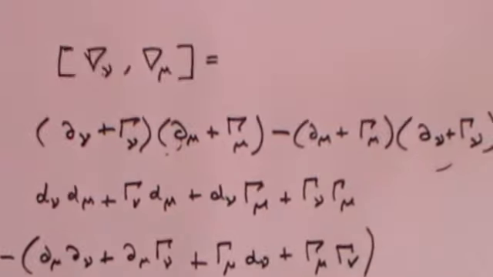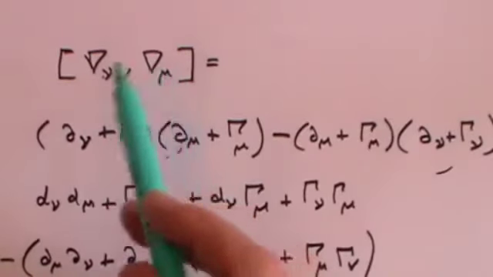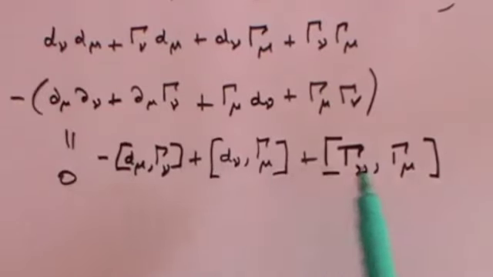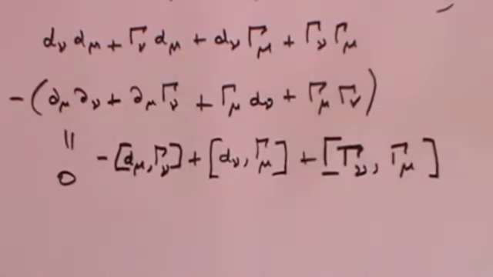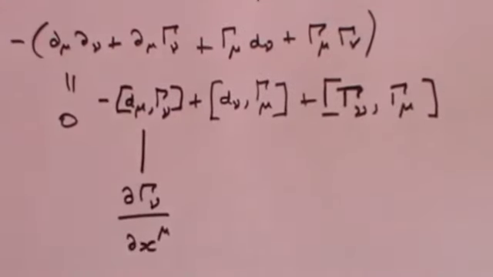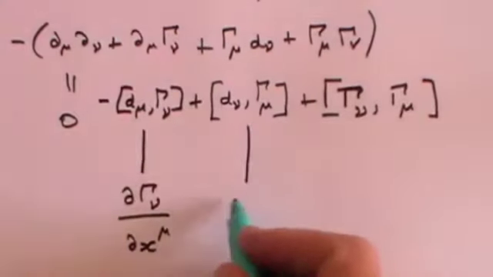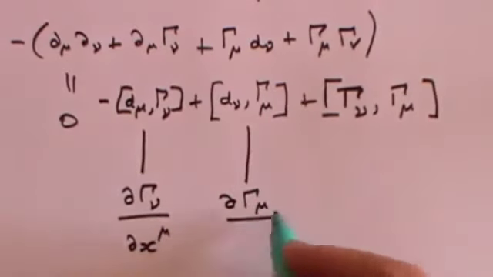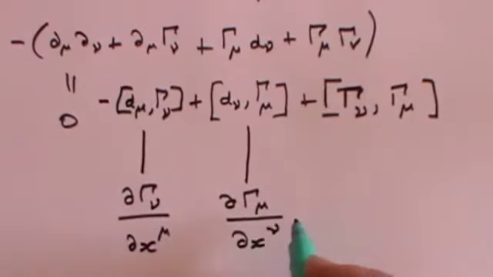So just to remind you, that was the commutator of the two covariant terms here, which becomes this term here. But you may remember when I took that diversion to talk about commutators, I said that if you have a function like that, that equals the derivative of the gamma term with respect to x mu, and this becomes the derivative of the gamma term with respect to x nu.